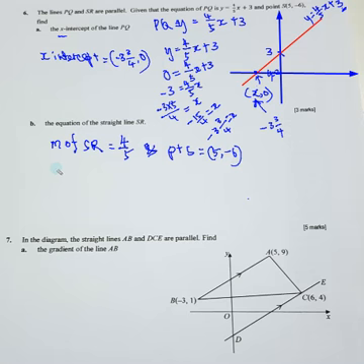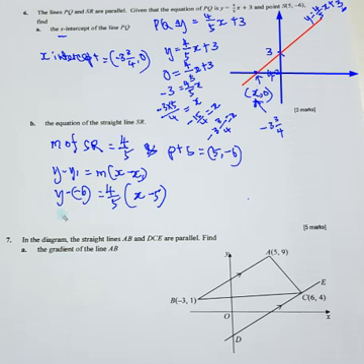So again, we use the same formula, y minus y1 equal to m times x minus x1. So y1 is minus 6, m is 4 over 5, since it's parallel with PQ, we take from here 4 over 5. Then x1 is 5.